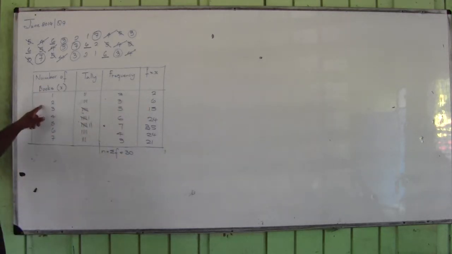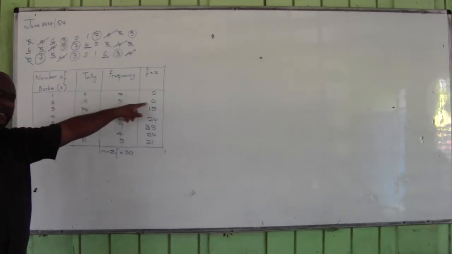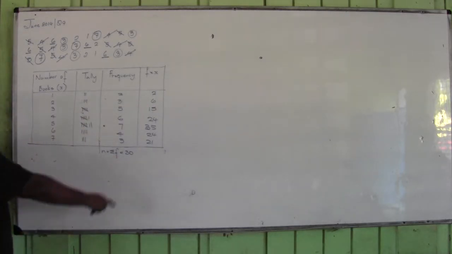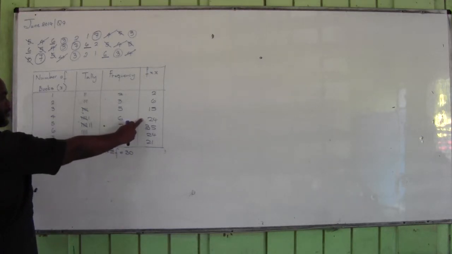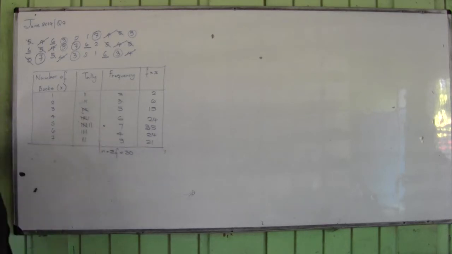How many persons had 2 books in their bags? 3. So it's 2 books times 3, 3 twos, which is 6 books. So this 24 here is 24 books.